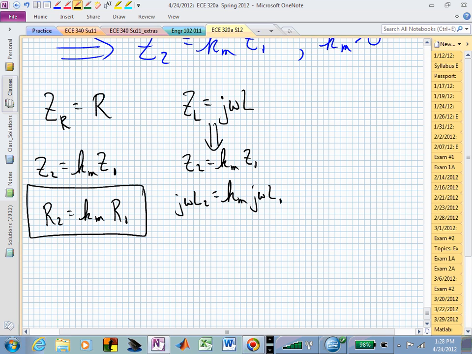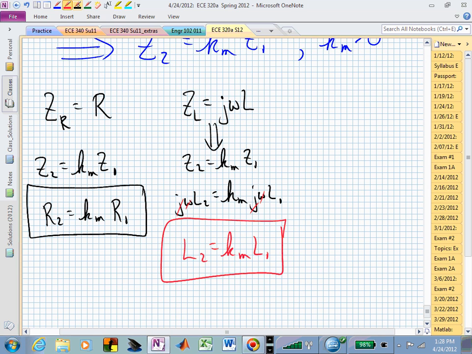And a lot of these pieces now cancel. The J's cancel, the omegas cancel, and we're left with L2 looking like the same scaling that we had for our resistor, K sub M L1.